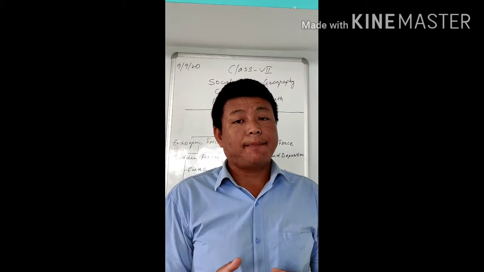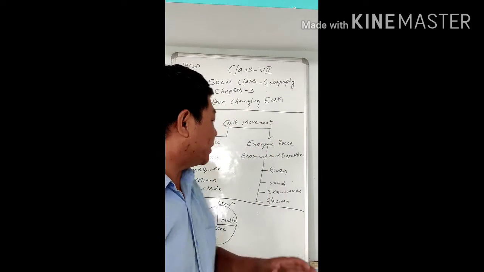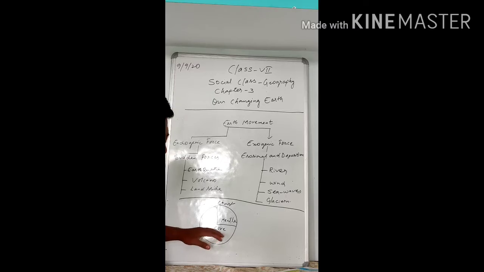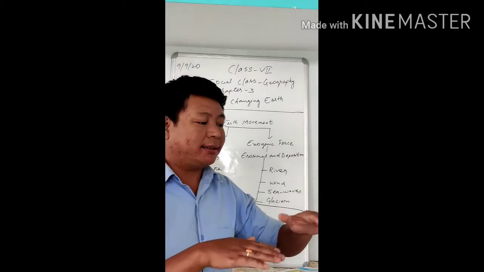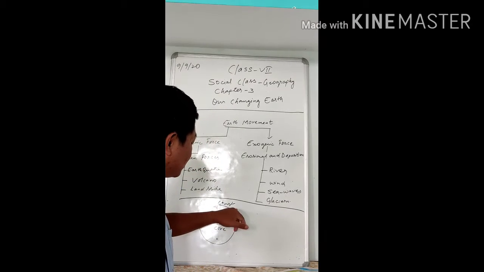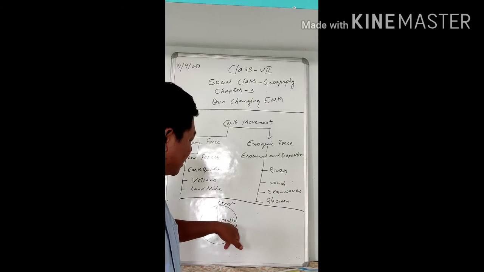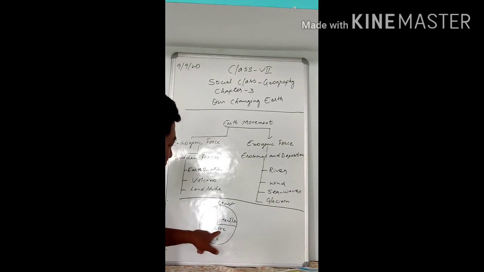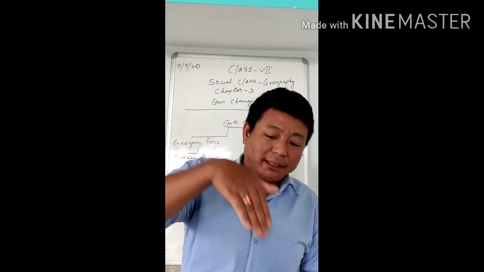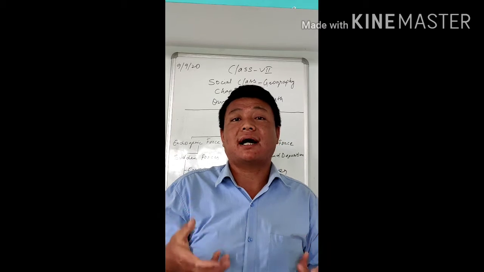Above that, if you divide the earth, there are three layers. The topmost layer is known as crust, the second one is known as mantle, and the third one is known as core. The deeper you go, the higher the temperatures are.